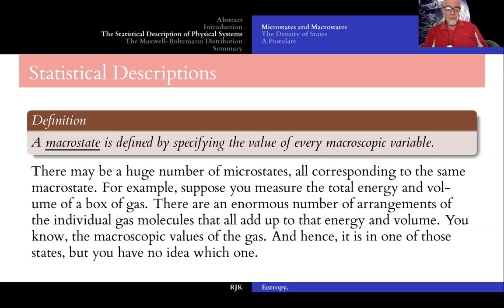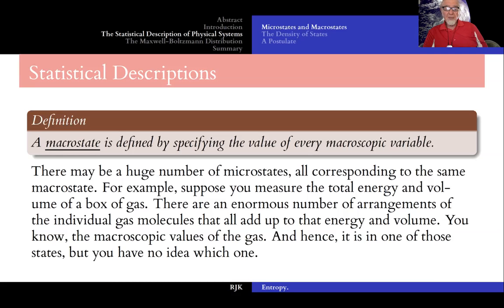So what we know is the macroscopic value, because we can measure it. And hence it has many different possible microscopic states, but you have no idea which one. You just know it's one, and in fact, over time, it changes, so they're not even constant over time.